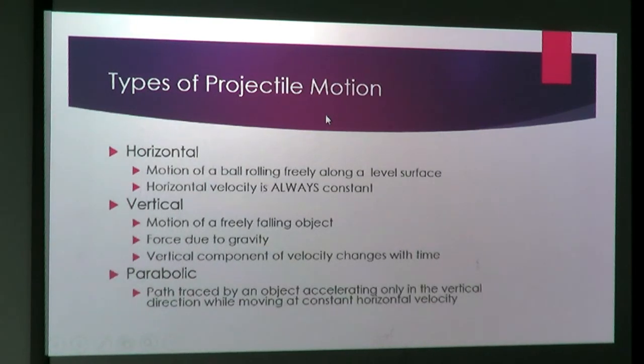And parabolic: the path traced by an object accelerating only in a vertical direction while moving at constant horizontal velocity. Follow me? Those are three types of projectile motion.